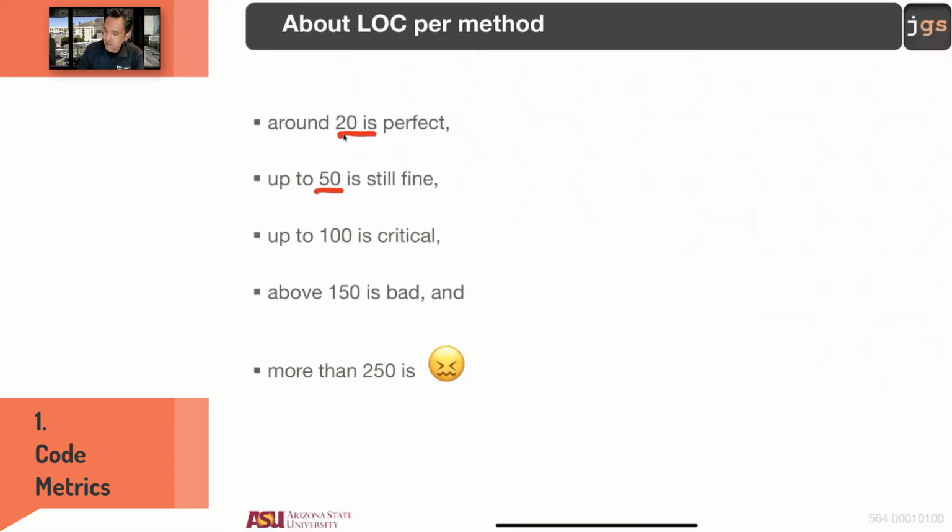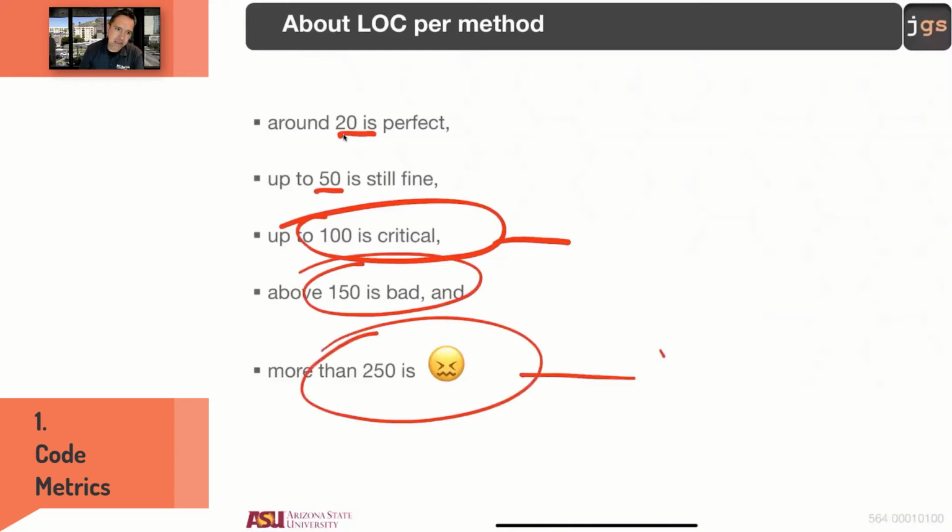When you move beyond 100, that is a critical point, something that usually is asking for refactoring. It's asking for, you know what, this method can be split in 2 methods. Think about it. Just remember the 100.